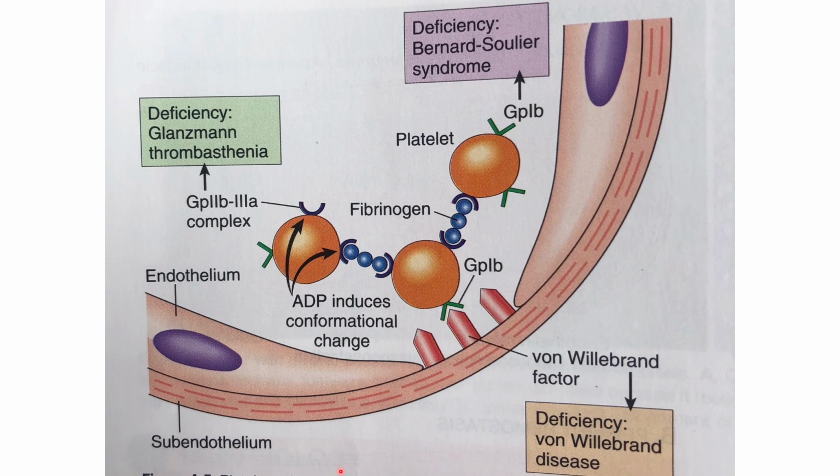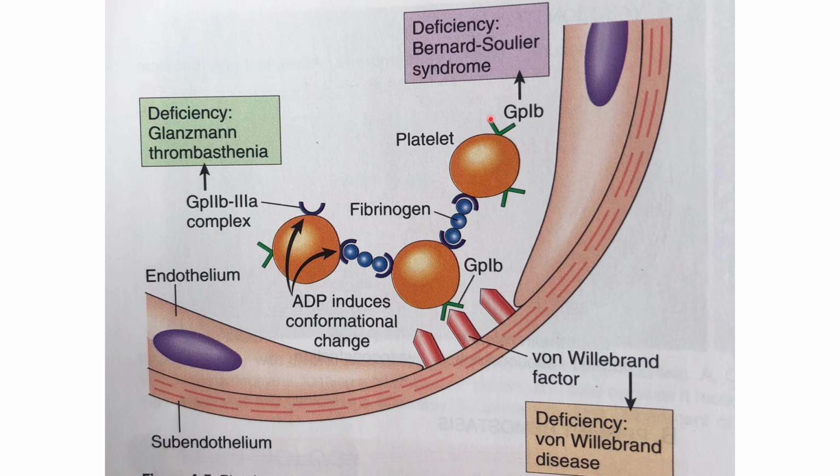There are deficiencies which cause problems with this. In Glanzmann's thrombasthenia, there is the glycoprotein 2b3a complex. ADP institutes a conformational change, and a deficiency of this process causes Glanzmann's thrombasthenia.